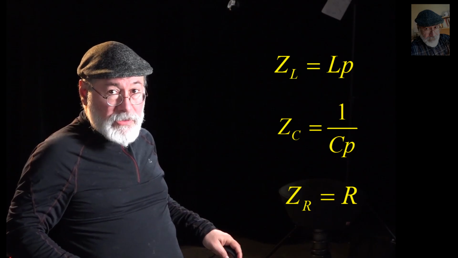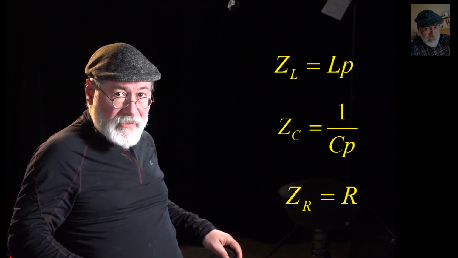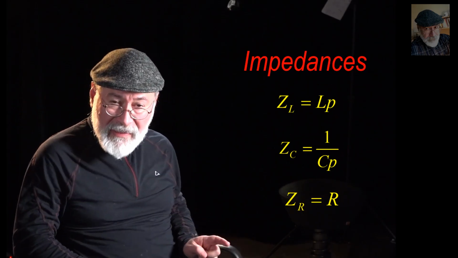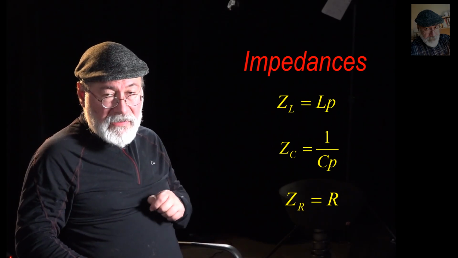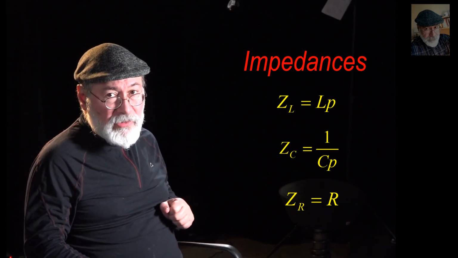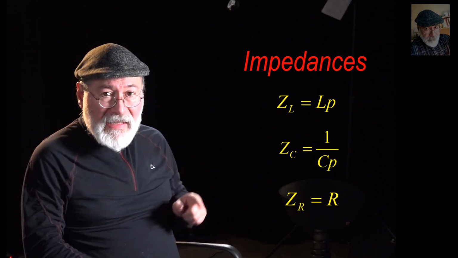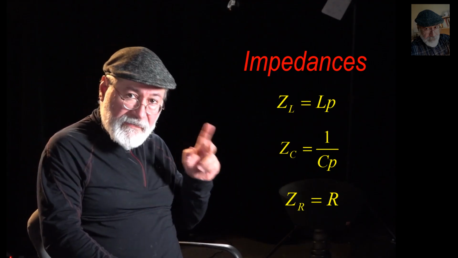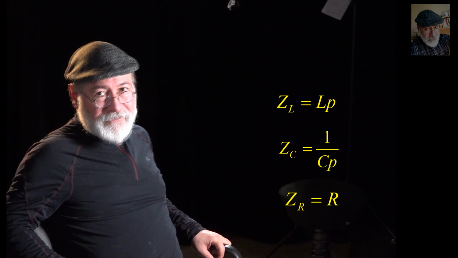Another word is to impede. We call that the impedance of the element. So the impedance of an inductor will be Lp. The impedance of a capacitor will be 1 over Cp. And the impedance of the resistor, just its resistance. The three of them are given in ohms.